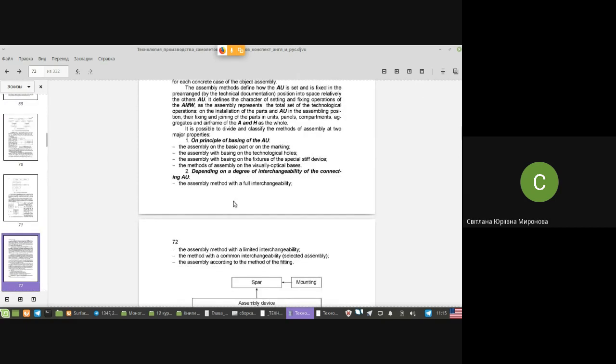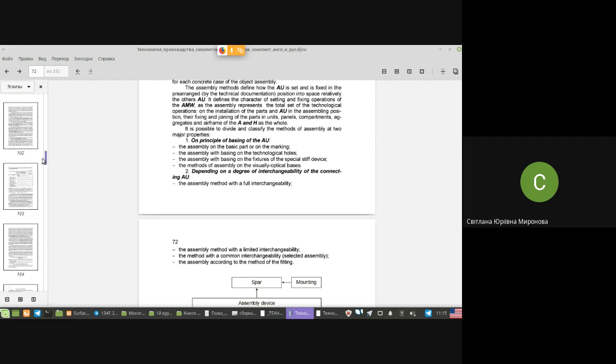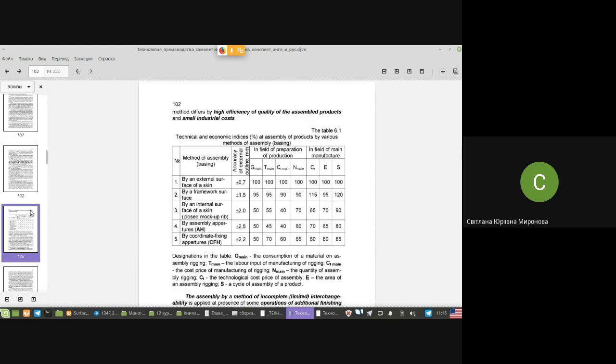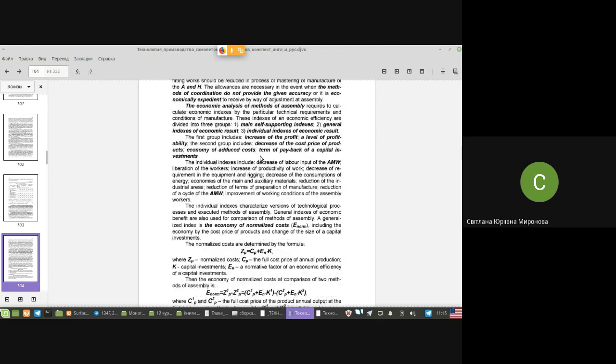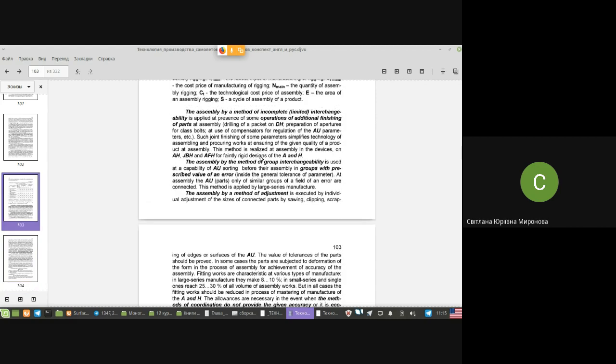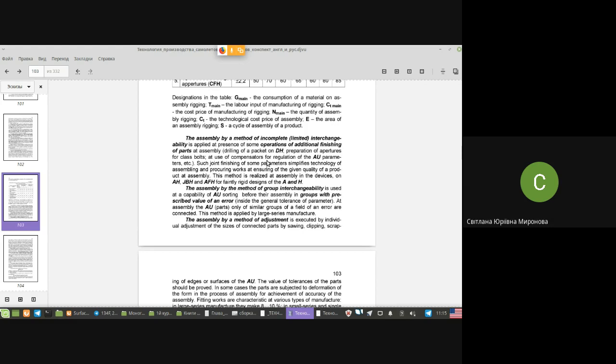Somewhere here. Oh, yes, 71. In the book, these techniques are listed on page 71, and they are a bit described on page 103 after the whole explanation, after the comparison of assembly methods.